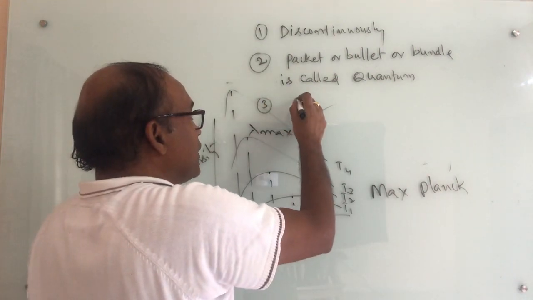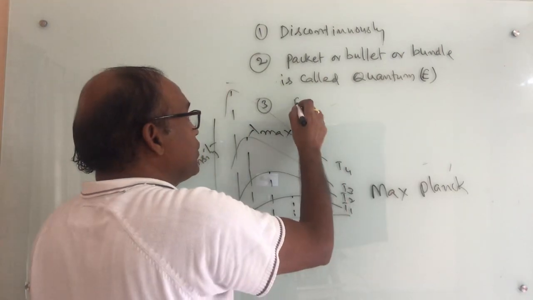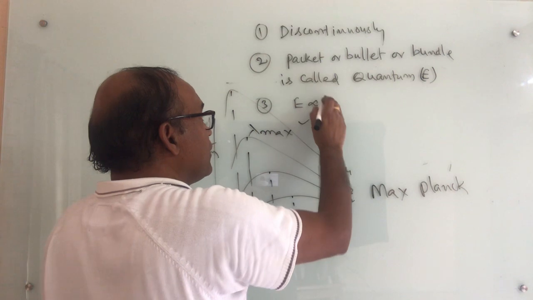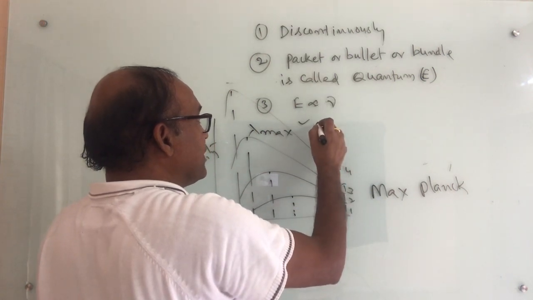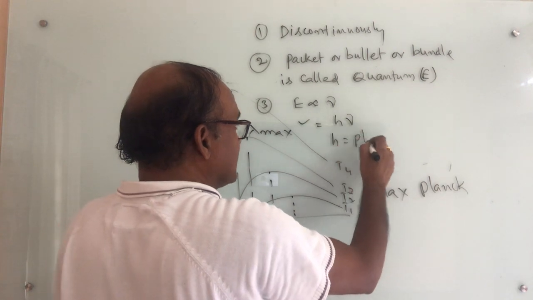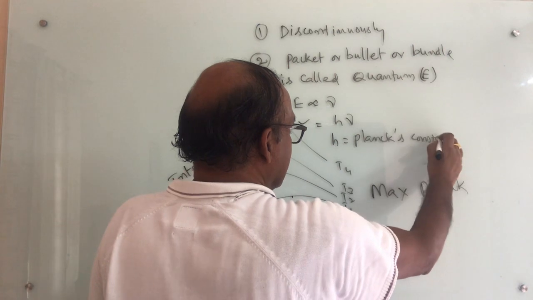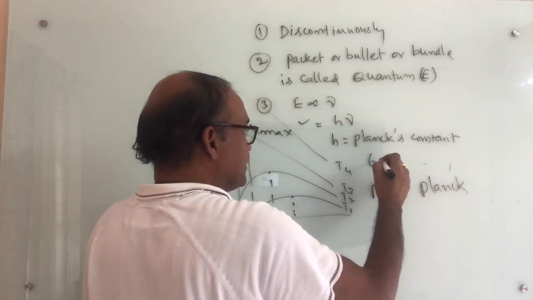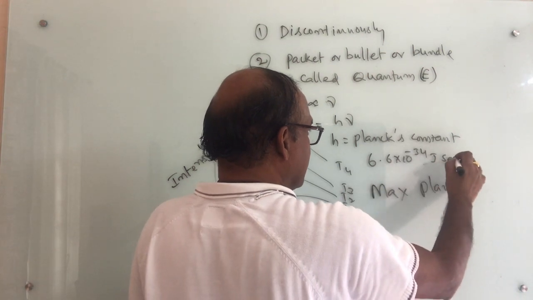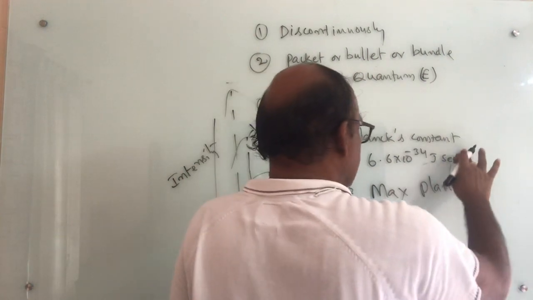The energy of the quantum, that is E, is directly proportional to the frequency of light, where the proportionality constant h is Planck's constant, whose value is 6.6 into 10 power minus 34 joule second, not per second, joule second.